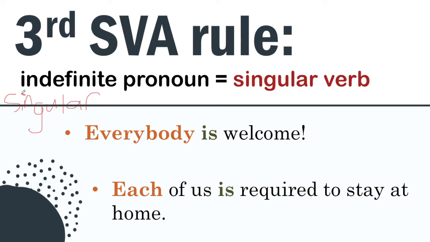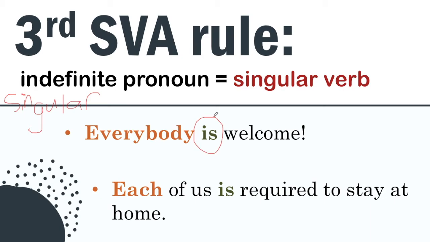Okay, let's read the first example. Everybody is welcome. When we say everybody, we're not talking about someone specific, right? And when we use everybody, the rule is we have to make sure that we use a singular verb. All right, next.